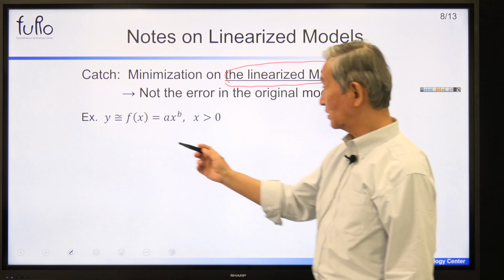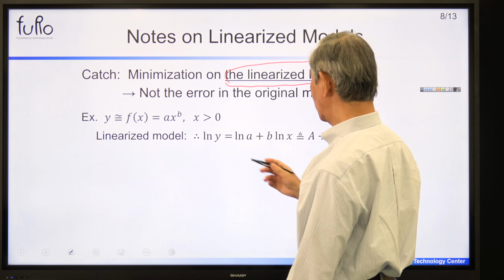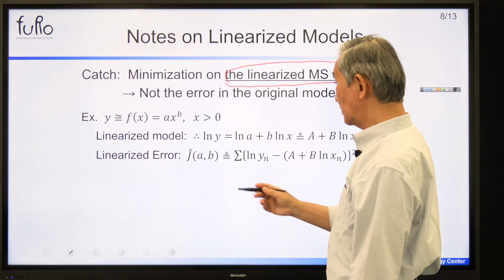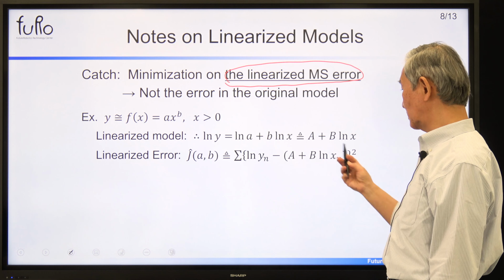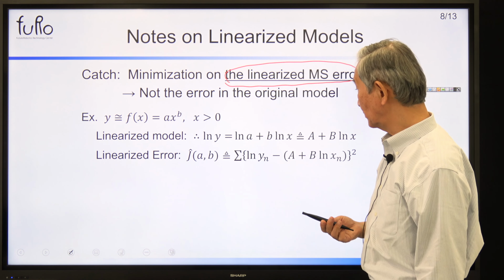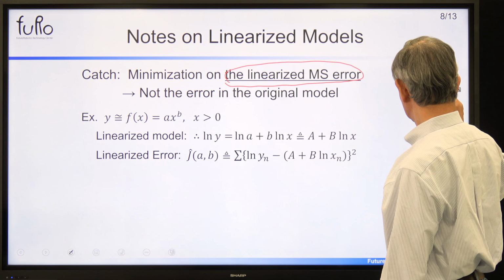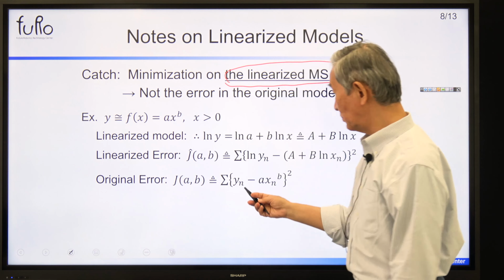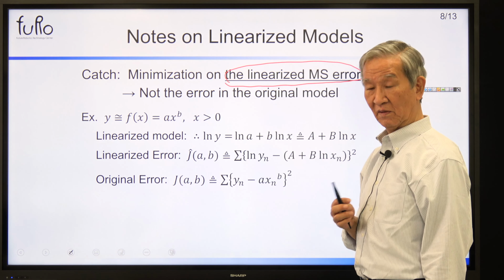So for example, this one here, y is equal to a x to the b, linearized model is this one here. So therefore, the linearized error J hat is going to be the summation of ln y minus this thing here, squared. So that's the error you are minimizing. But in the original equation, the error should be y_n minus a x_n to the bth power, squared.